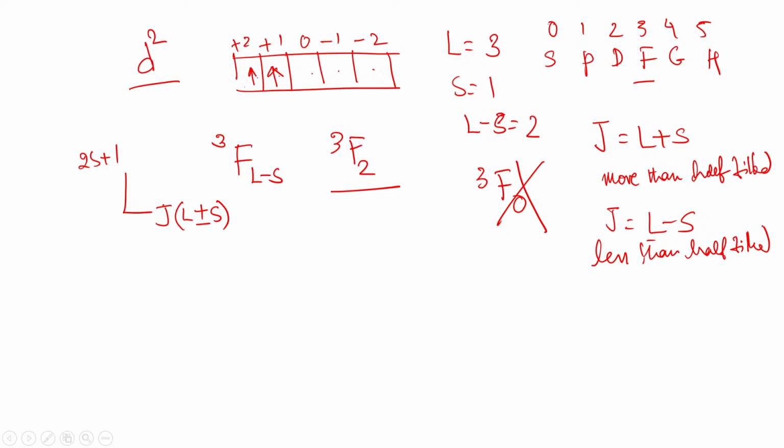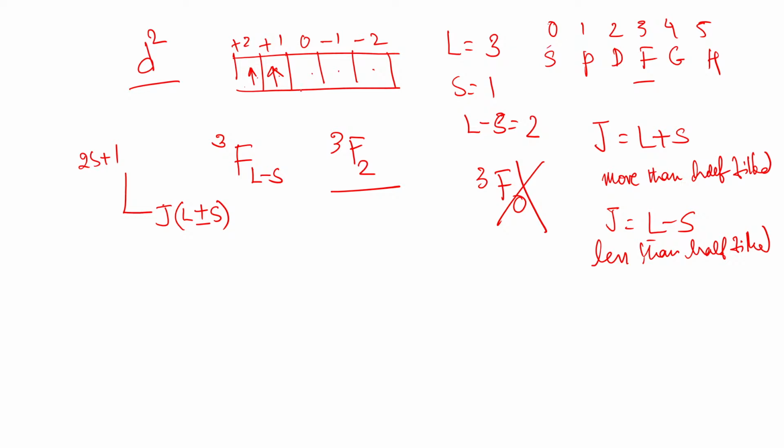If you ask me what would happen if it is half filled, then they will cancel out. L will be 0, and then J equals S. When it is half filled, L equals 0.